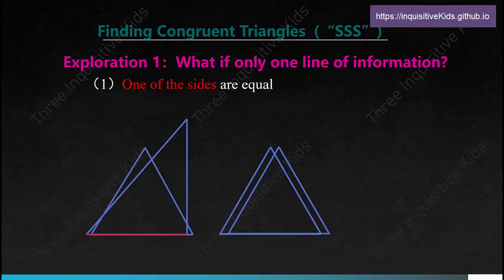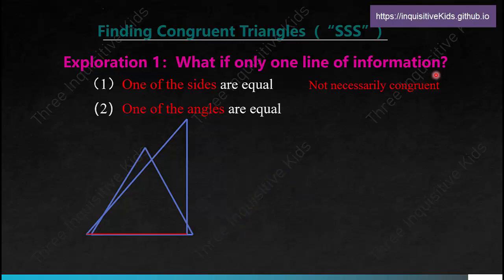But of course, can one of the sides be equal and the triangles overlap perfectly? Yes. It's just that you can't guarantee that both of the triangles are equal. So it's not necessarily congruent. It could be congruent, but you can't guarantee it. Now let's look at 2. One of the angles are equal.